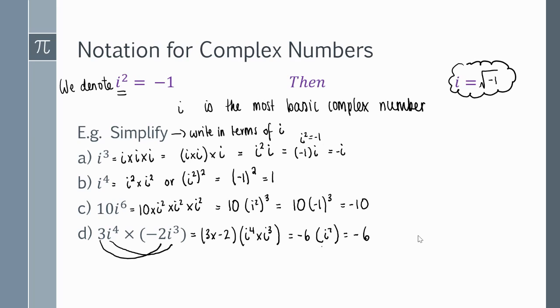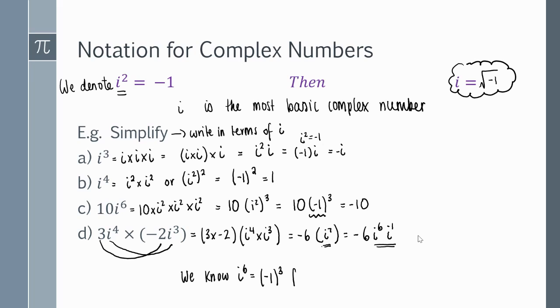Again, I've got to think about how I can write this i. Now, I can actually write i to the power of 7 as i^6 times i. I know what i to the power of 6 is from the previous question. We said i to the power of 6 is -1 cubed, or -1.